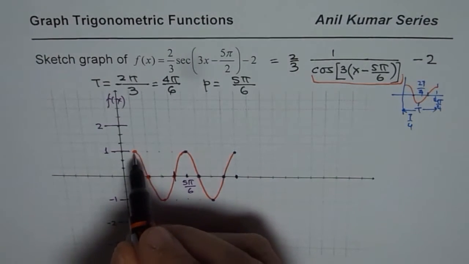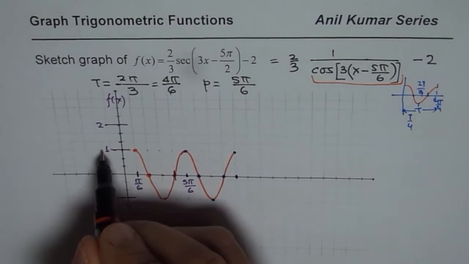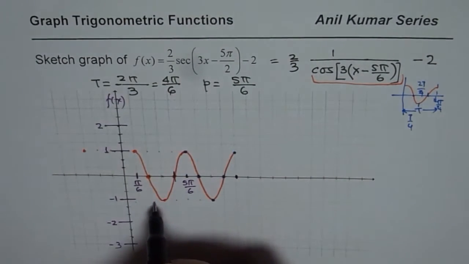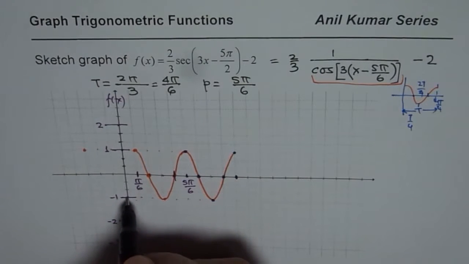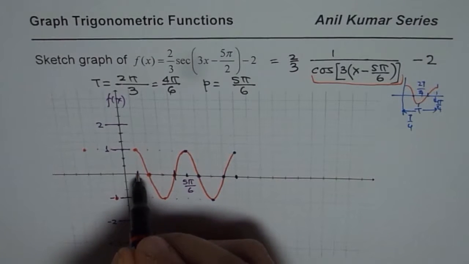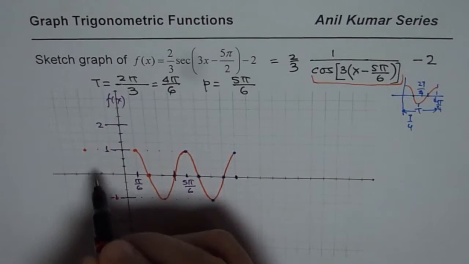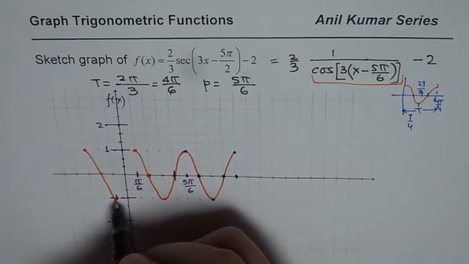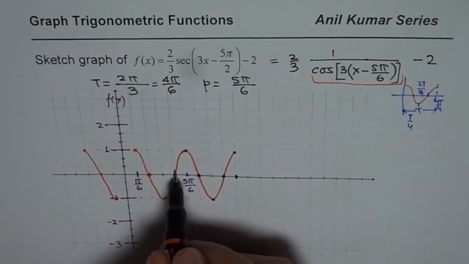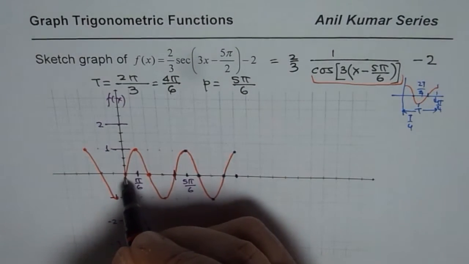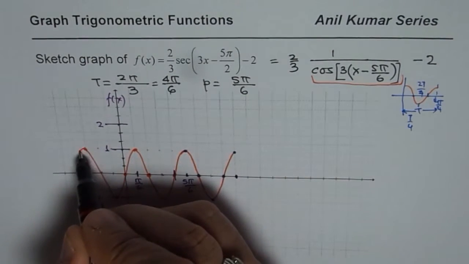Similarly, we can draw the other points, 1, 2, 3, 4, so there it is going to end. So we get another set of points for us. I'm showing you exactly how we should be doing our job.